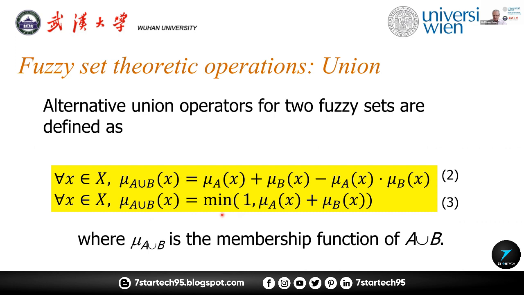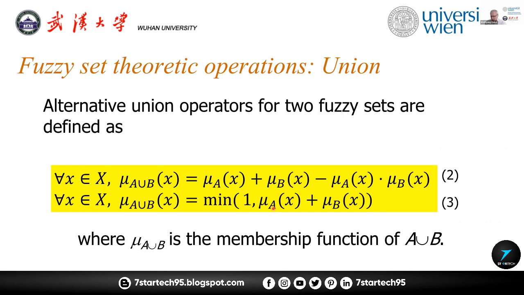And the third one is using the minimum of 1 and the sum of these two membership values for A and for B.